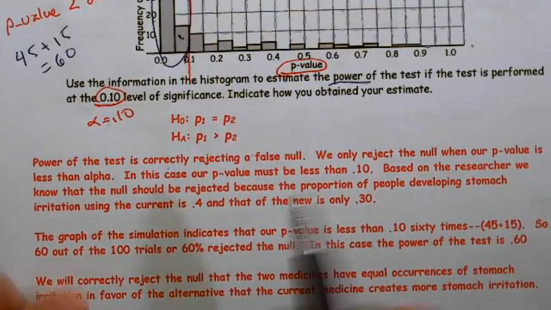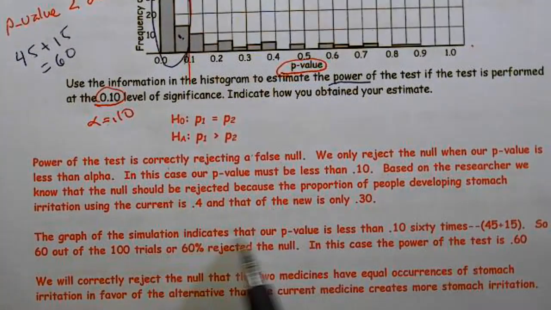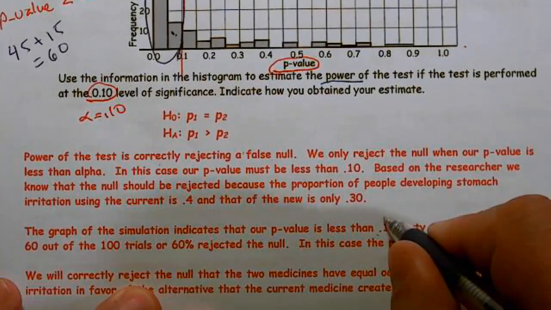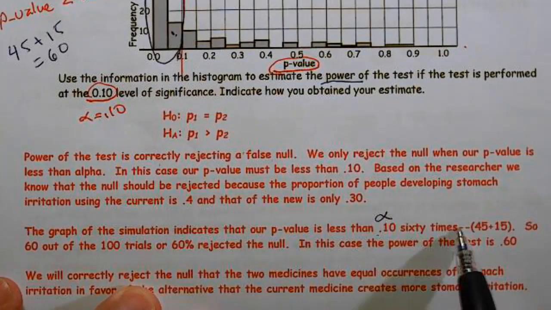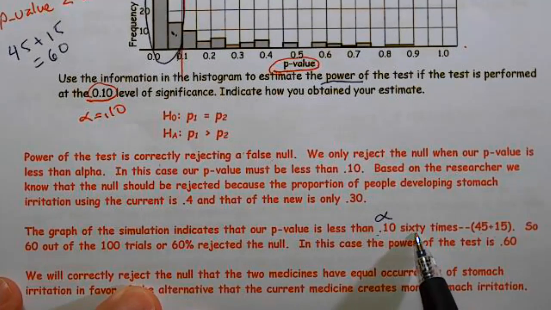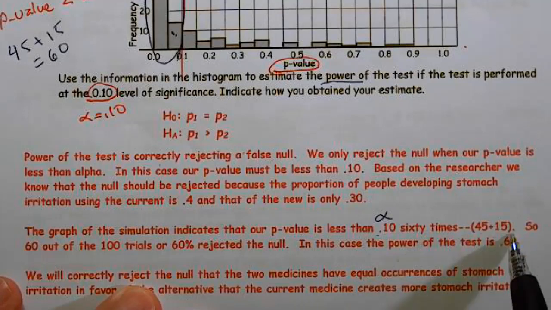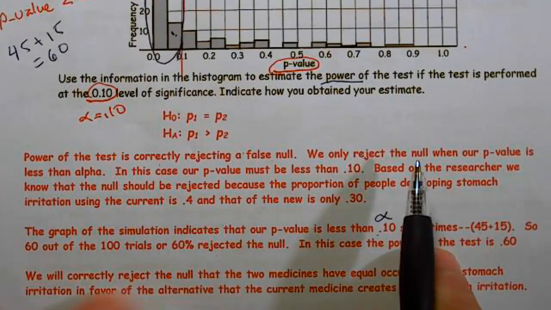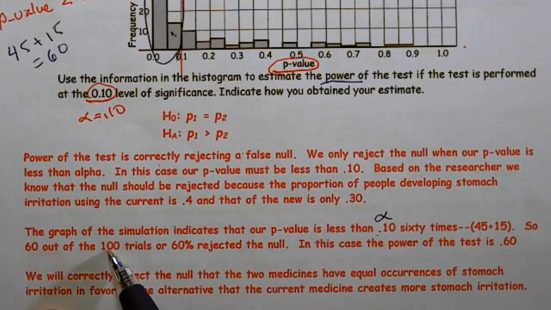So the graph of the simulation indicates that our p-value is less than alpha, or less than 0.10, 60 times. Here's where I show my complex math: 45 plus 15. If you ended up with 55 to 65, you get full credit. So 60 out of the 100 trials, or 60%, rejected the null. In this case, the power of the test is 0.60, the 60 out of 100.